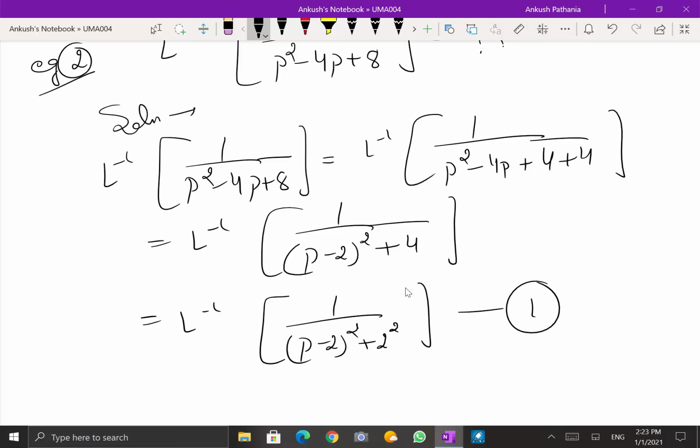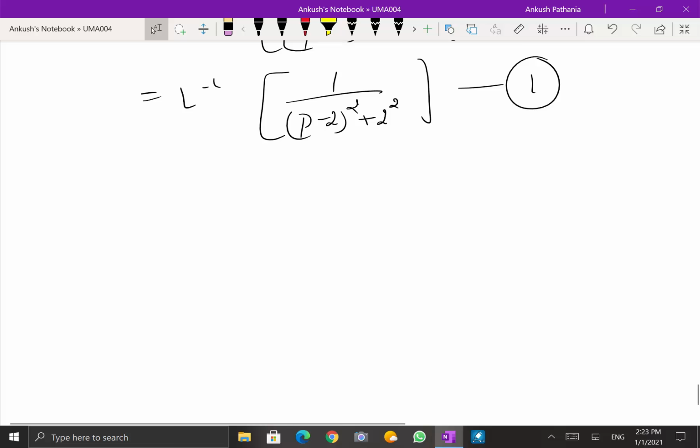In the present form it is not correlating directly. In the earlier example we started from a form where the shifting of p in f(p) had been done by p minus a or p plus a. Now in this form we had to do some manipulation, and now we have reached here.